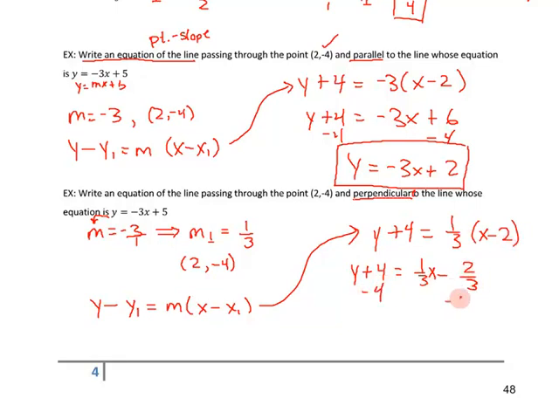Subtract 4 from both sides. I'm going to have to find the common denominator here of 3, so that's 12 over 3. I end up with y = 1/3 x, and minus 2 minus 12 is minus 14 over 3. There is your equation of the perpendicular line through that point.